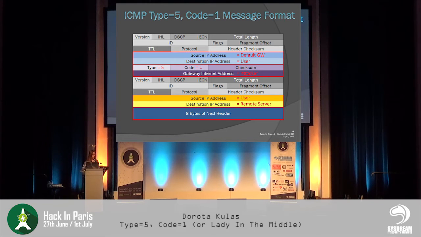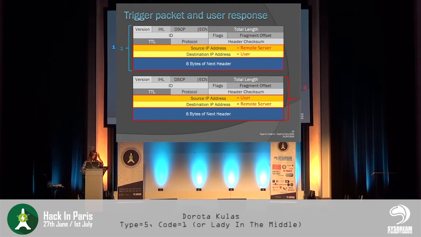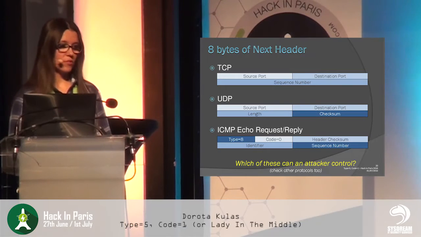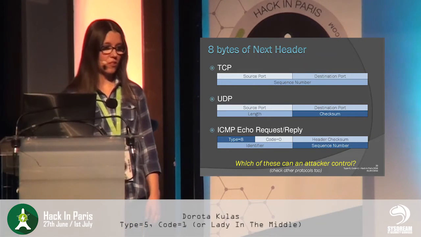What's in this 8 bytes? This is again packet number 1 from remote server to the user, just a header, and packet number 2 from user, the response to packet number 1, to the remote server. So this is the 8 bytes of next header for the 3 common protocols.